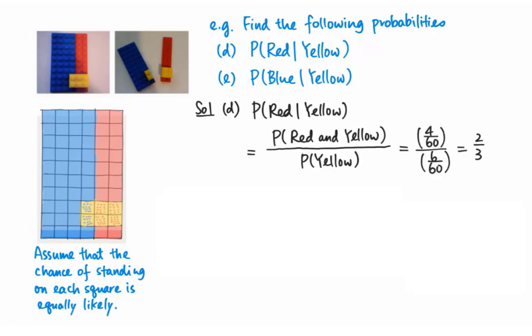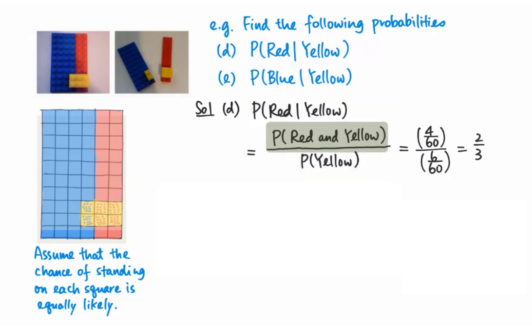Now for Part A, according to this formula, the probability of red given yellow equals the probability of yellow intersects with red, that is the probability of both yellow and red, divided by the probability of yellow.